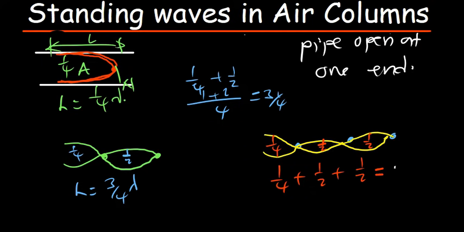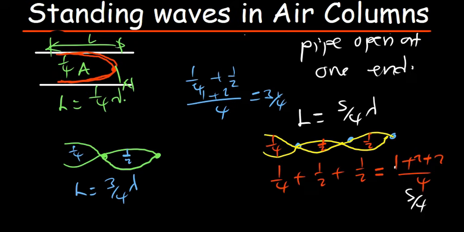So the common denominator is 4, so I'm going to have 1 plus 2 plus 2. So I'll end up having 5 over 4. So now I'll say L is equal to 5 over 4 lambda.